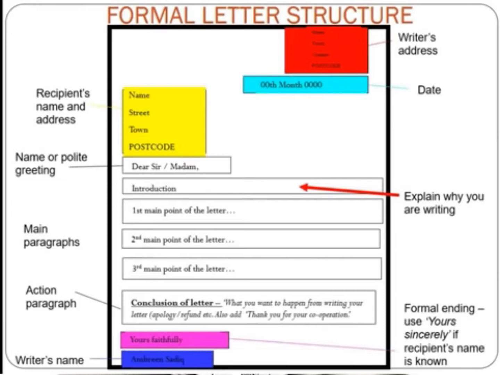So that's how your response should look after you've planned it out and thought about the main points you want to make.